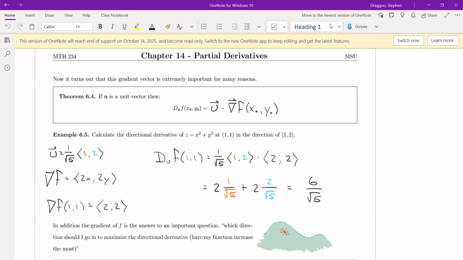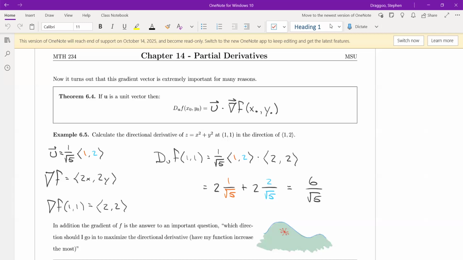So again, if my direction is just the x-axis or the y-axis being 1, 0 or 0, 1, this directional derivative will still return exactly the x partial or the y partial, if I'm looking specifically in those directions. So really, this directional derivative is just a way to find our derivative value for the bits that are in between strictly x and strictly y.